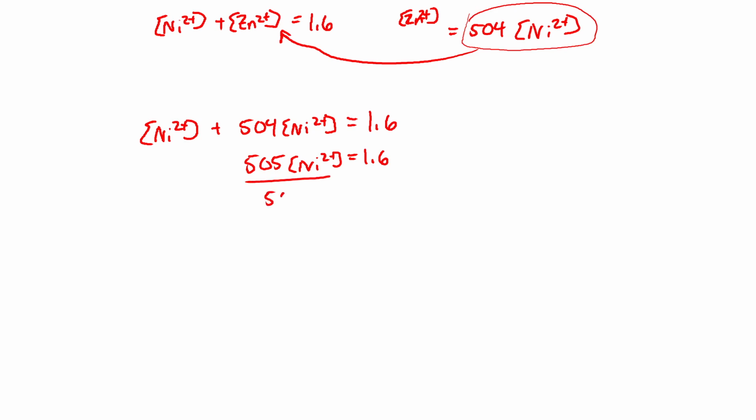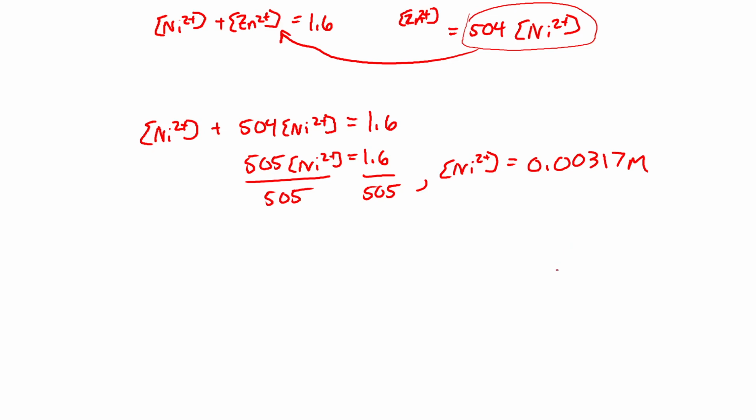If I divide both sides by 505, the concentration of nickel 2+ is now, let's see, 1.6 divided by 505 gives me 0.00317. So that is my concentration of nickel 2+.